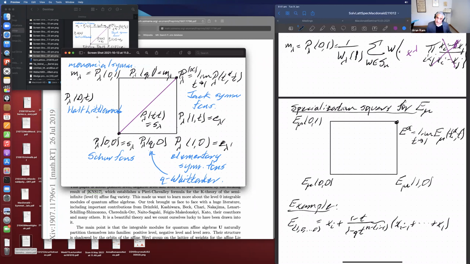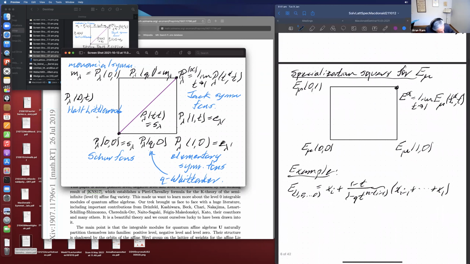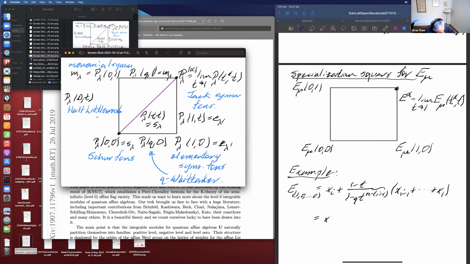All right, so I have a very, very good formula for that. And I can try to do what I did before and change all the q's to their inverse and all the t's to their inverse. And what happens?